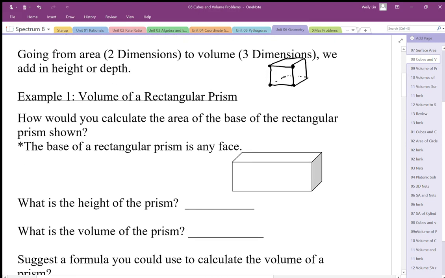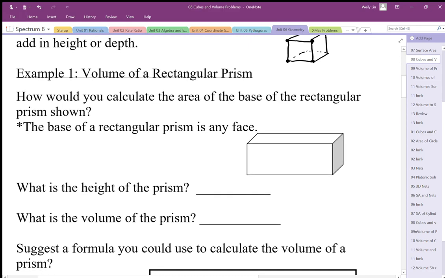So to get the volume of a rectangular prism, we want to think of any prism as something that when we slice it, like a slice of a loaf of bread, every cross-sectional area has the same shape and the same area. So we can use as the base any face that has the same area when we slice it.